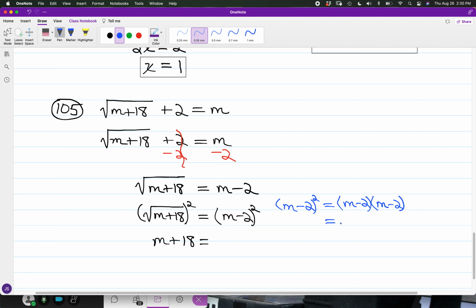So you have m times m becomes m squared. You got minus 2m, minus 2m. Negative 2 times negative 2 is 4. And combining the outside and inside products, we have m squared minus 4m plus 4.